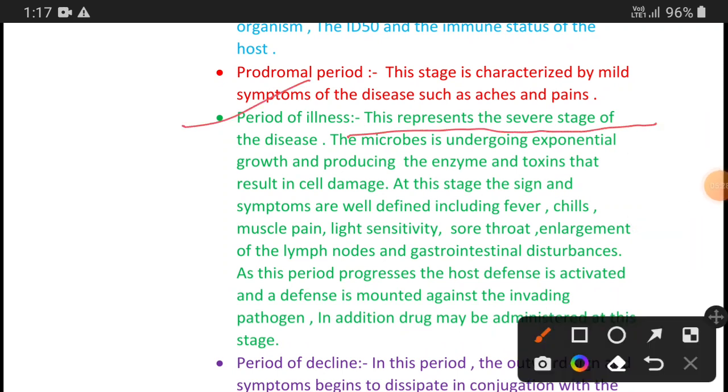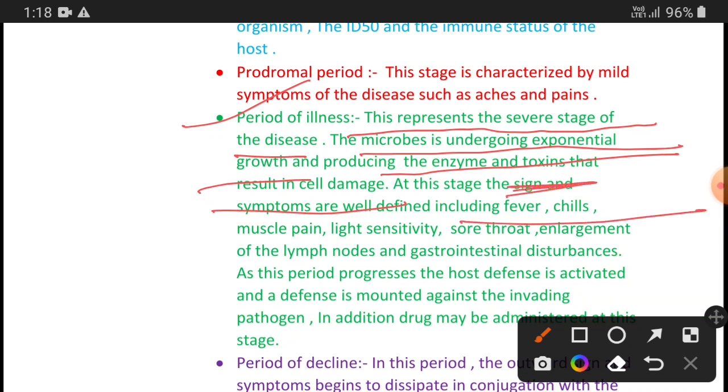This represents the severe stage of the disease. The microbes are undergoing exponential growth and producing enzymes and toxins resulting in cell damage. At this stage the signs and symptoms are well defined, including fever, chills, muscle pain, light sensitivity, sore throat, enlargement of the lymph nodes, and gastrointestinal disturbance.